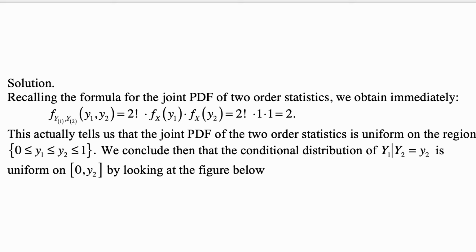This actually tells us that the joint PDF of the two order statistics is uniform on the region where 0 is less than or equal to y1, less than or equal to y2, less than or equal to 1, because, of course, the first order statistic Y1 is less than or equal to the second order statistic Y2. And therefore, we conclude that the conditional distribution of Y1 given that Y2 is equal to y2 is uniform on (0, y2). And you can actually see this better by looking at the figure below.